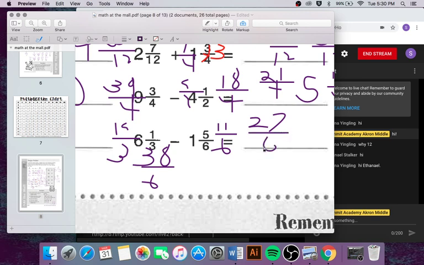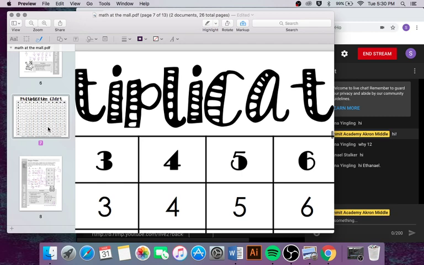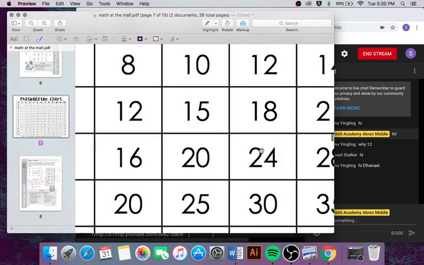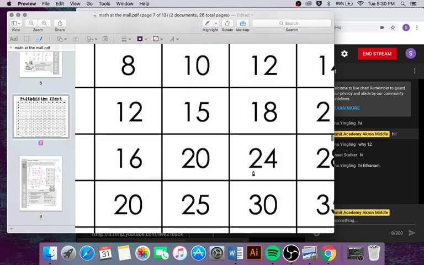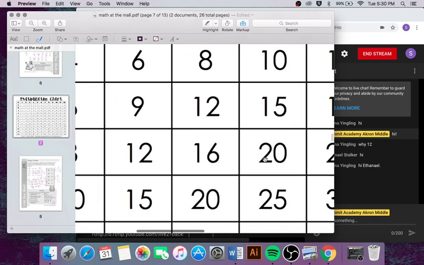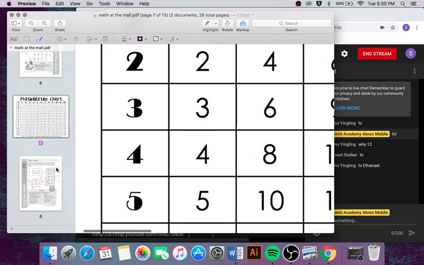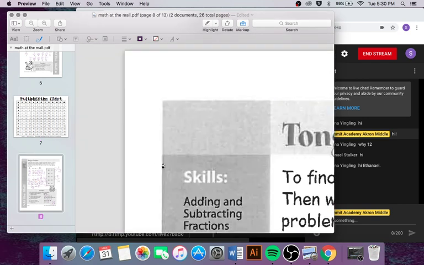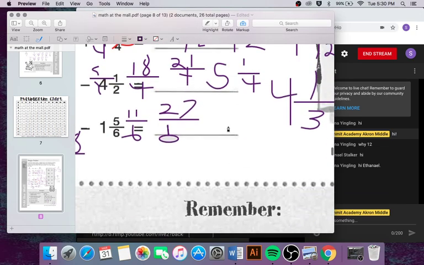To convert this into a mixed number, we have to figure out how many times 6 can go into 27 without going over. So if we look at our 6 times table, the closest we can get to 27 without going over is 24. And 6 times 4 is 24. So our whole number for our last one is going to be 4.